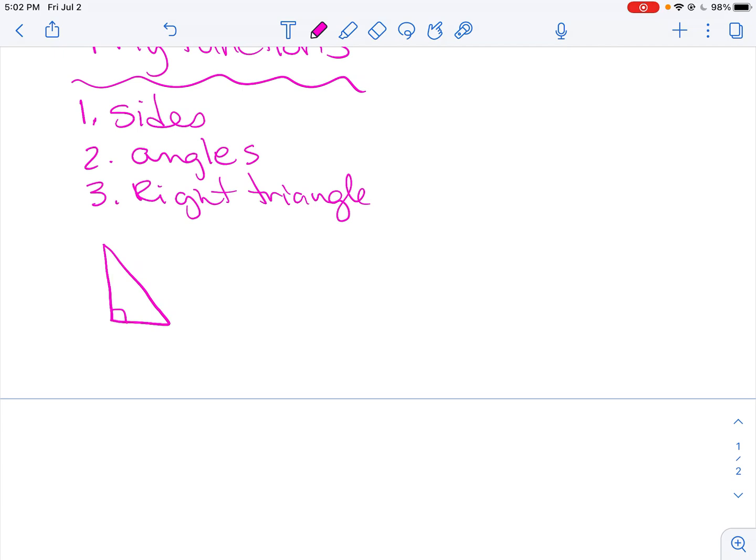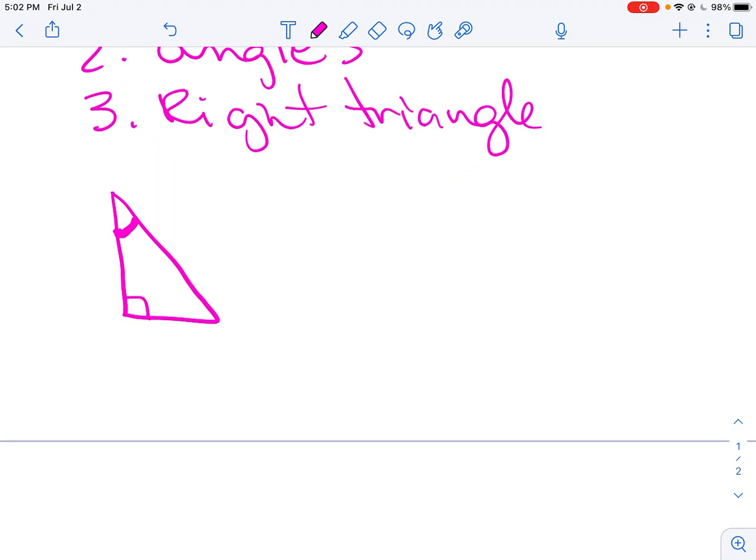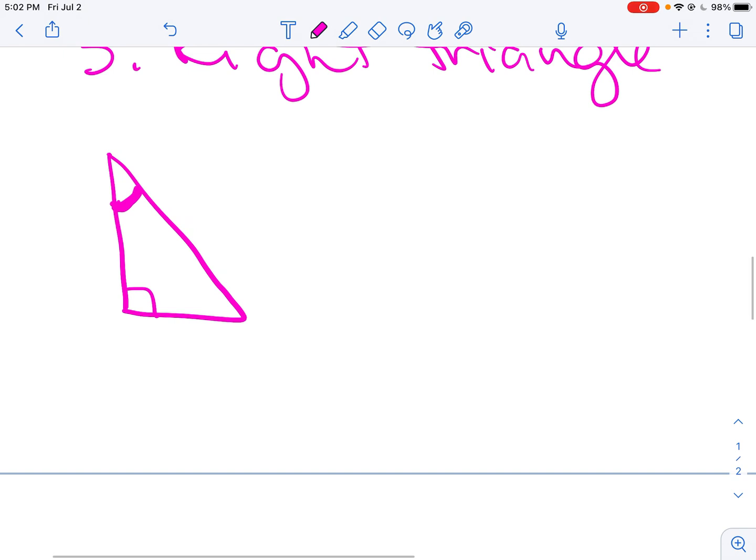Okay, so when we're dealing with this, if I'm going to talk about this angle right here, I'm actually going to make this bigger. Okay, this is always going to be the hypotenuse. That is always going to be the hypotenuse.